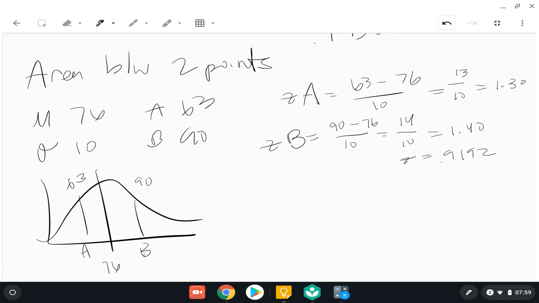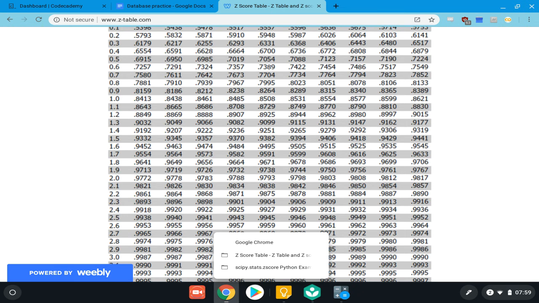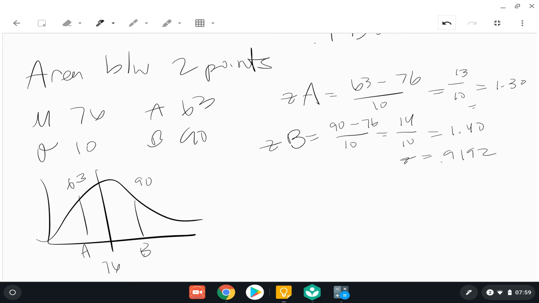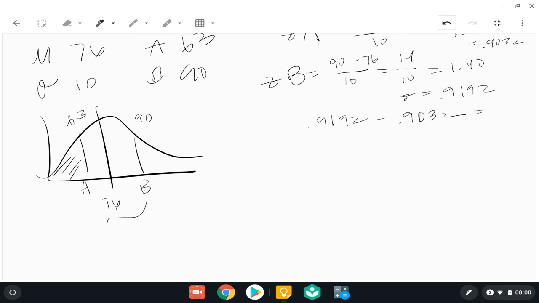And the area under 63 equals 0.9032. So if I take the bigger proportion minus the smaller proportion, then I'm going to get, so 63 and below represents this, and the area for B is like the entire thing, right?